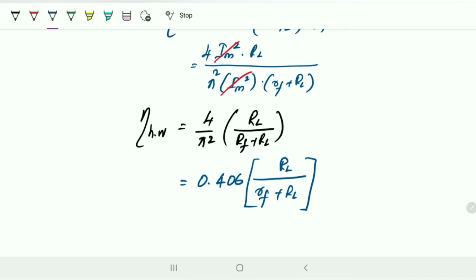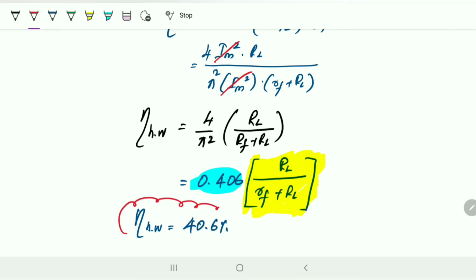From this it is very clear that whatever value you put for RL, whatever your load or internal resistance, your efficiency is going to be just 0.4 or 40.6%. So you can directly write that the half wave rectifier's efficiency is almost 40.6%.